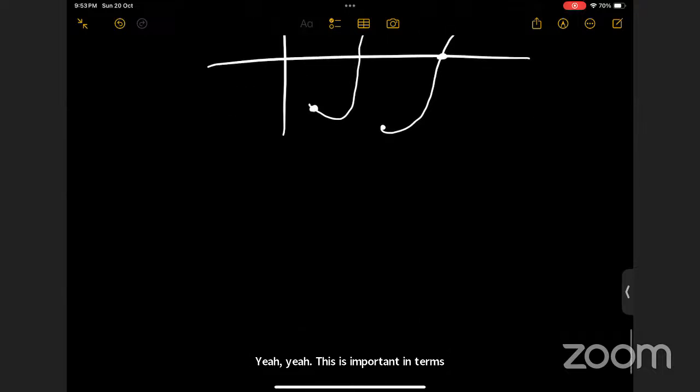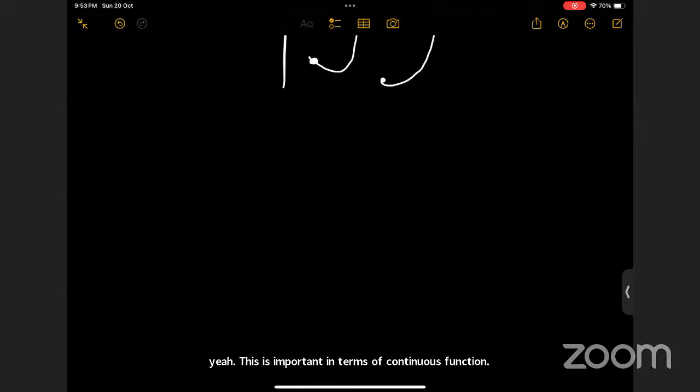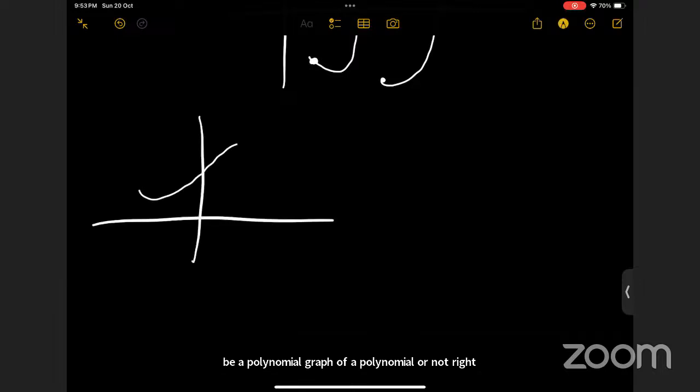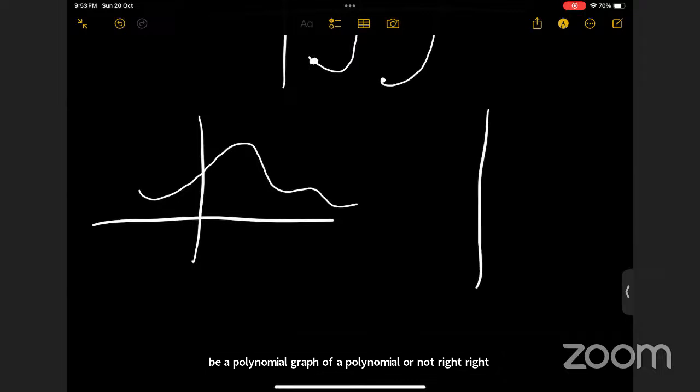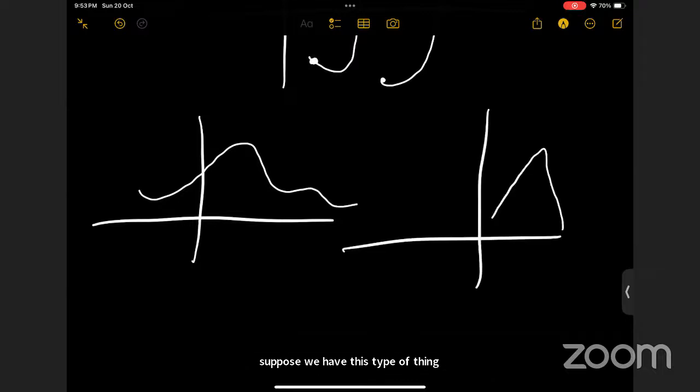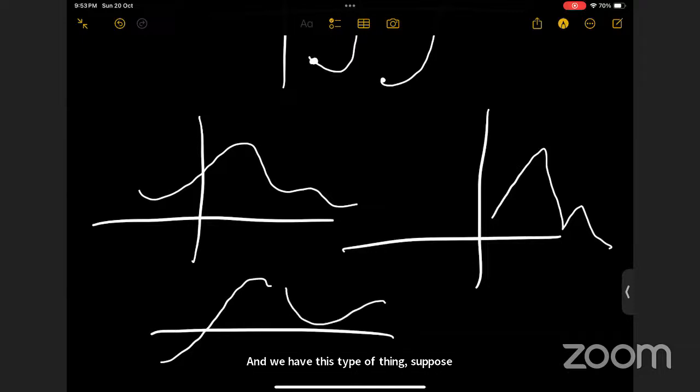And one more thing, suppose you have some graph. From the graph also you can conclude whether it can be the graph of a polynomial or not, right? Suppose we have this type of thing, and this type of thing, and this type of thing.